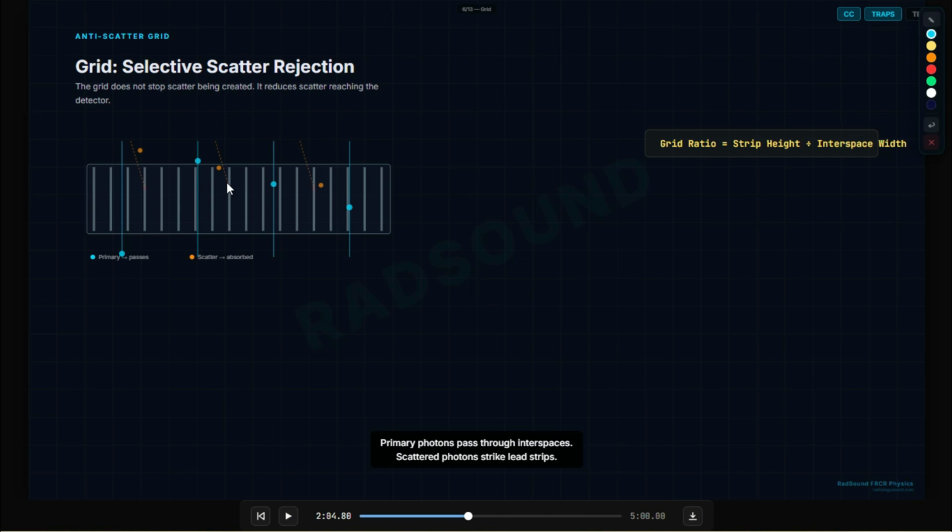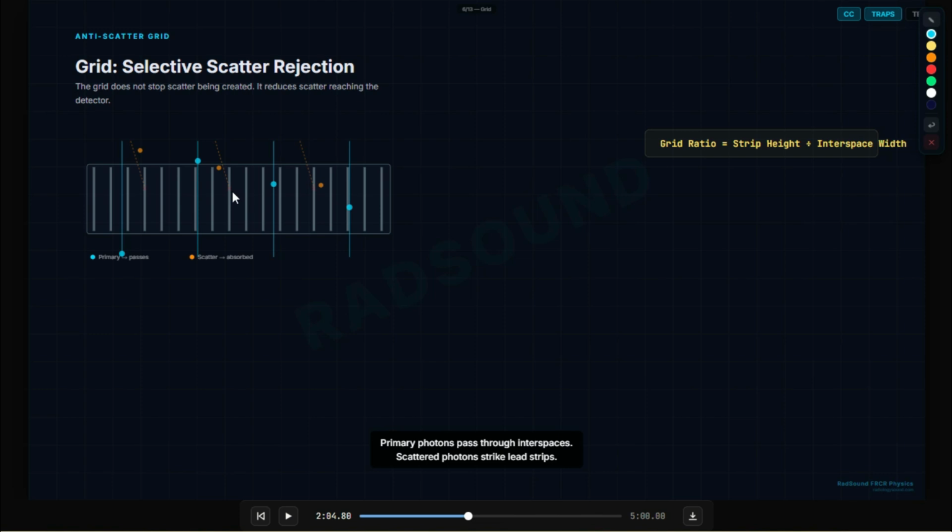Primary photons mostly travel approximately perpendicular to the grid. So we have the lead strips here, and interspaces made of low attenuation material such as plastic. Let's trace the primary beam: passing perpendicular, it passes through the interspaces, whereas the oblique scatter going in this direction will get absorbed by the lead strip.